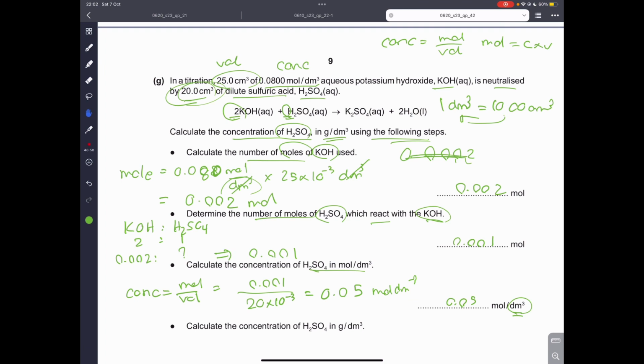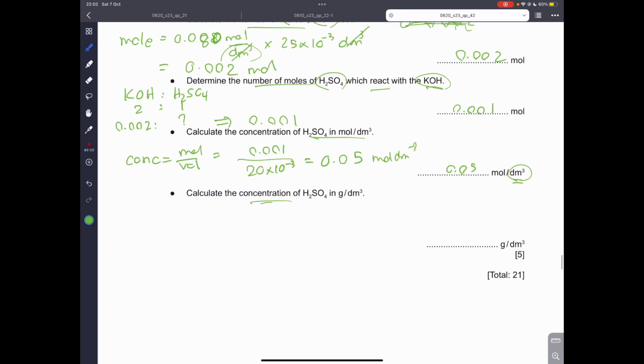Now we have to calculate the concentration of H2SO4 in grams per dm cube. Remember, this is the very last step. So if you want to convert mole per dm cube to grams per dm cube, you have to multiply it by the MR. The MR of H2SO4 is found by looking at the mass in the periodic table that's given. Now you will see that H2SO4 has an MR of 98 grams per mole.